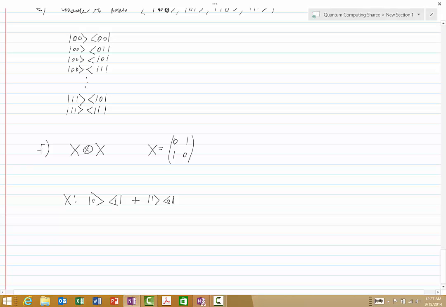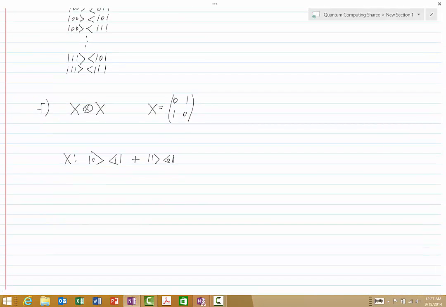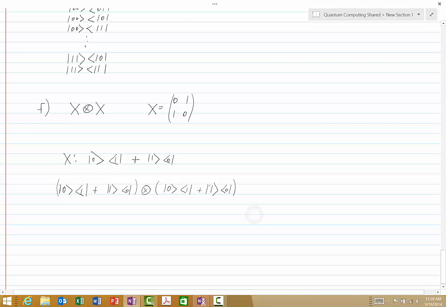Now, if we want to take the tensor product of X with itself, we will have the following: ket 0 bra 1 plus ket 1 bra 0, and then tensor product with the same thing: ket 0 bra 1 plus ket 1 bra 0.